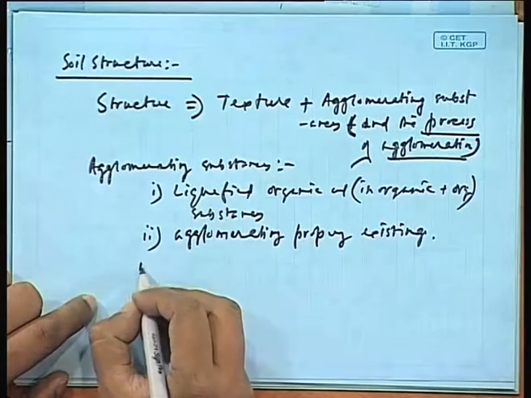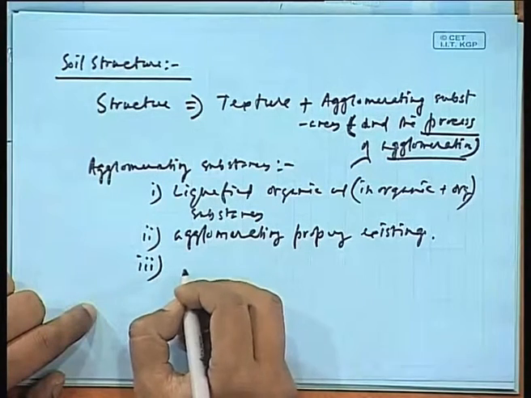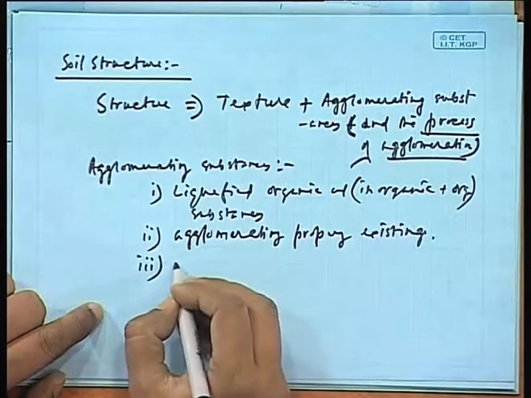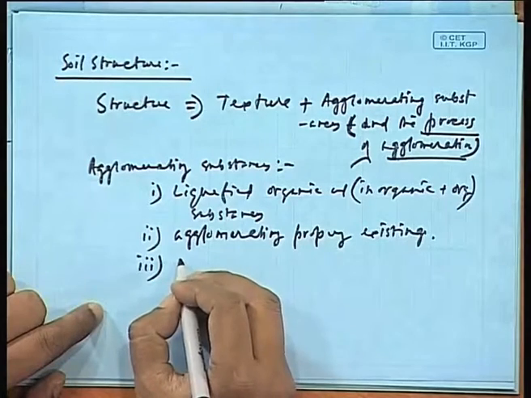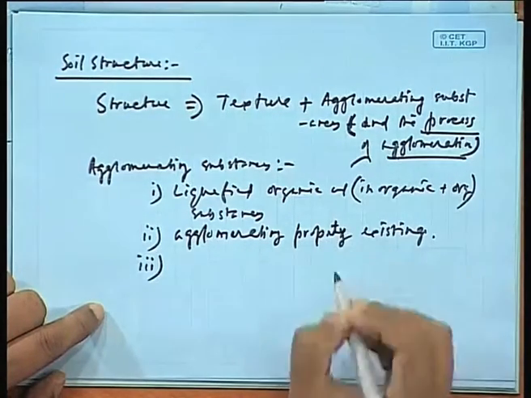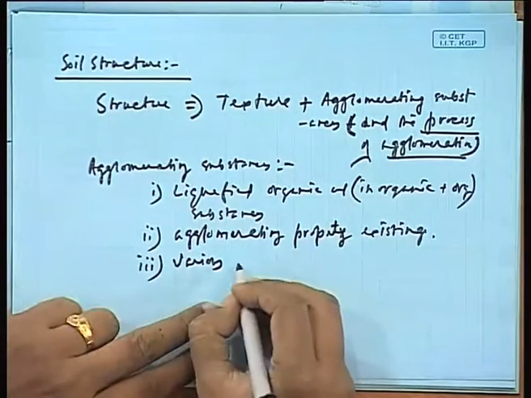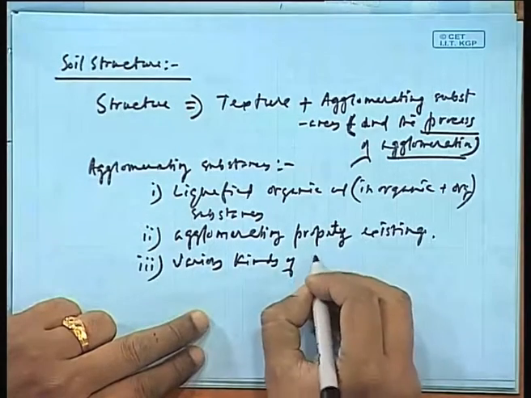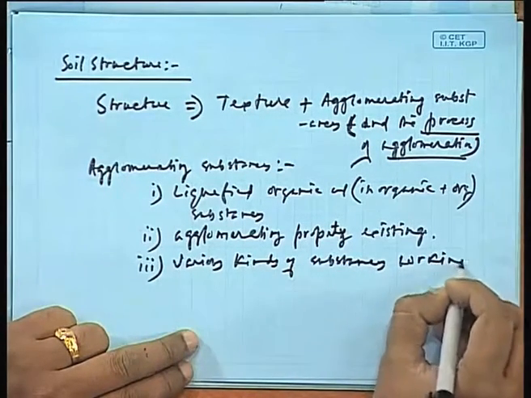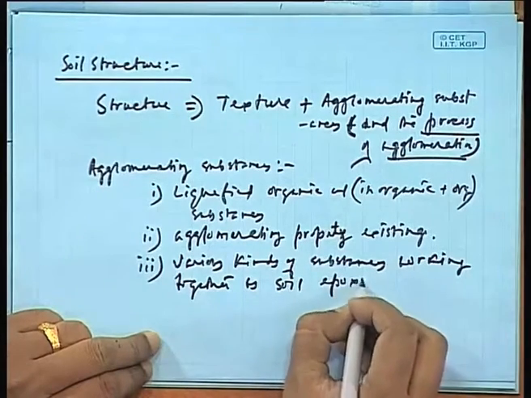Apart from that, they also provide different types of structure because of this property. Secondly, various kinds of substances work together as soil epoxy.